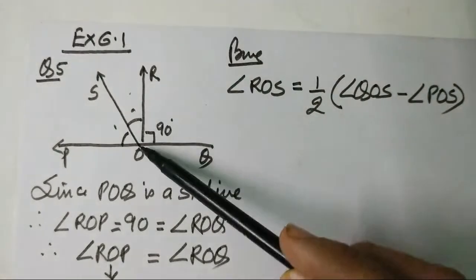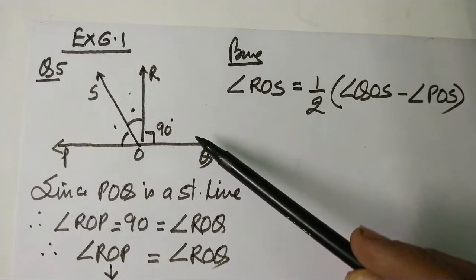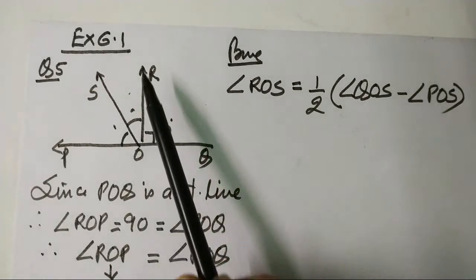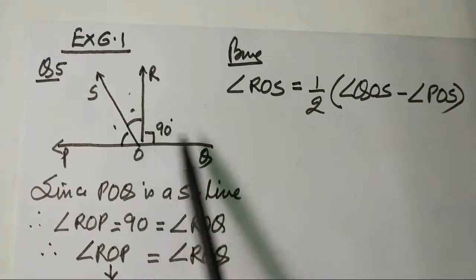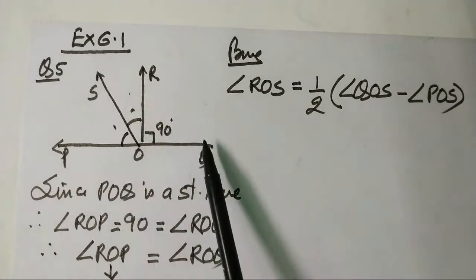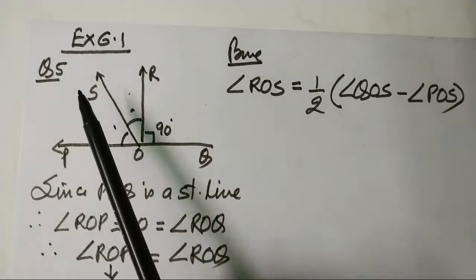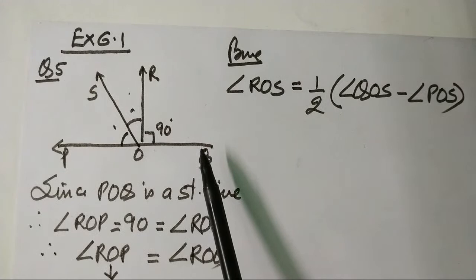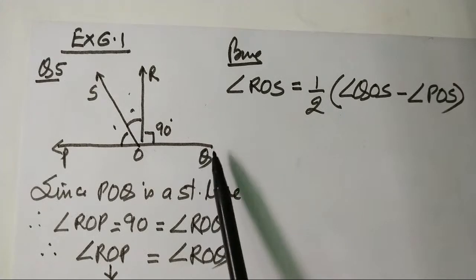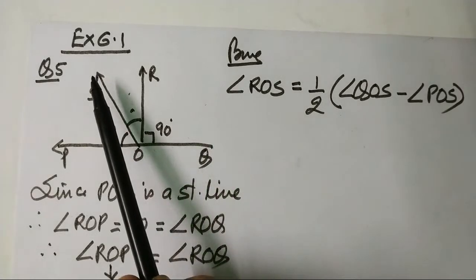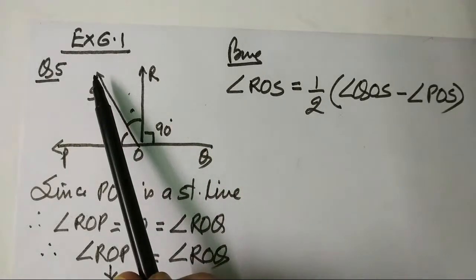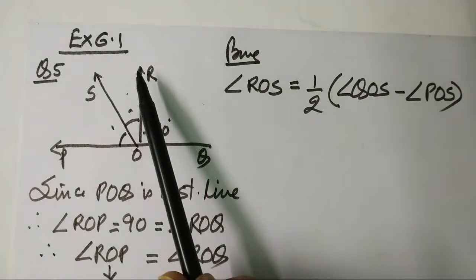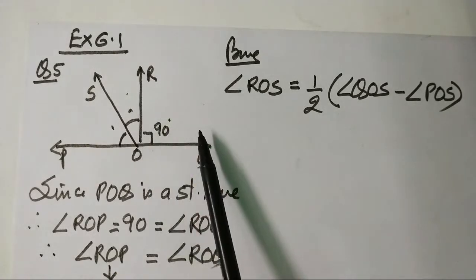Angle ROQ will be obtained by subtracting this angle from the full angle. So from the angle QOS, if I subtract angle ROS, QOS minus ROS, from this full angle, if I subtract this angle, it will give me this angle.